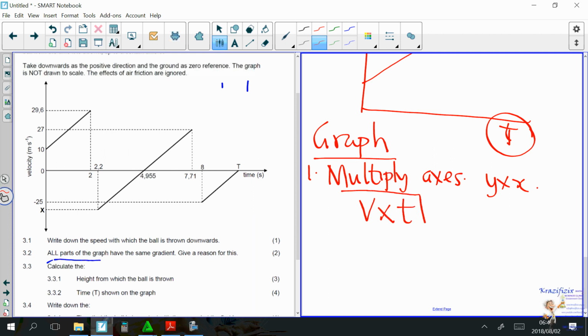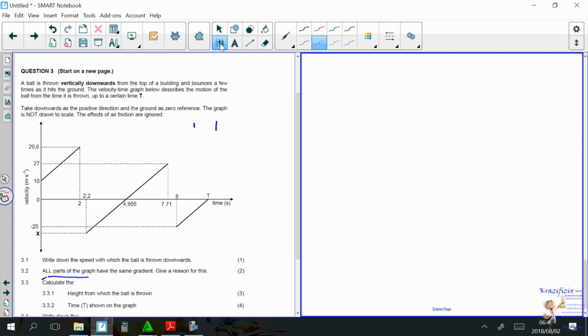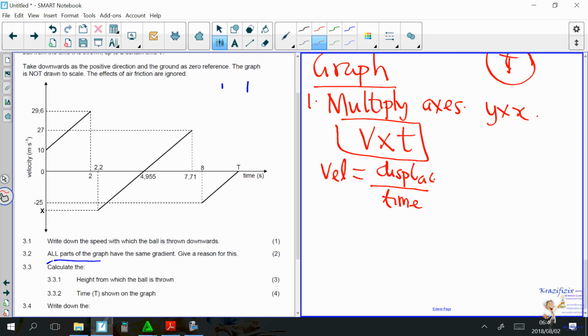Does this formula exist? Let's go check something. What is velocity? If you remember grade 10, it is displacement over time. We explained a whole lot of this now. Okay, let's cross multiply.